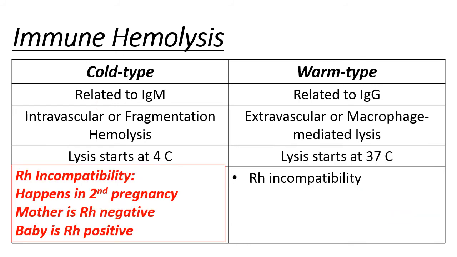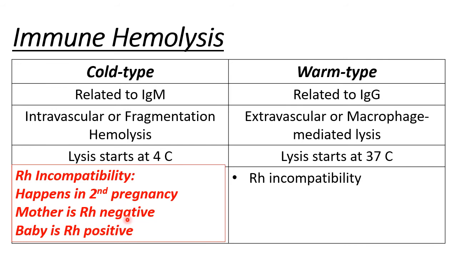Sa warm type naman, the predominant example for this is RH incompatibility. Kailan to nangyayari? So, explain lang natin. It almost always happens after the first pregnancy. Second pregnancy onwards, pwedeng magkaroon ng RH incompatibility. So, si mother ay RH negative and si baby ay RH positive.